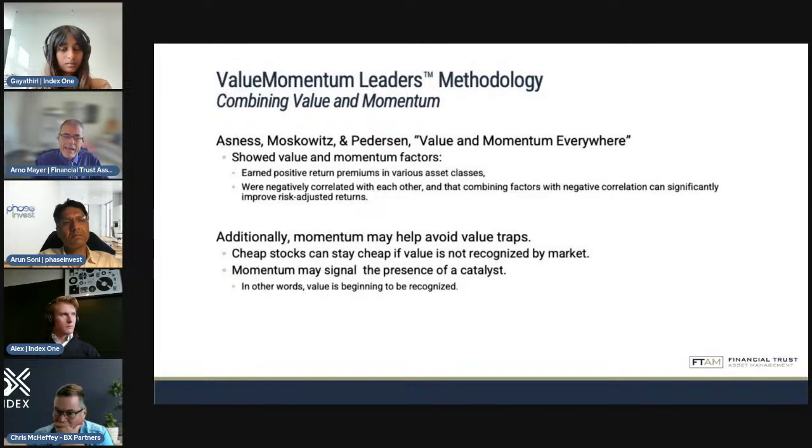So combining value and momentum can be very positive for the negative correlation aspect, but also for trying to see if value is finally starting to be recognized in the market. Now, that doesn't mean it can totally avoid value traps. I wish it would be that easy, but it definitely helps to minimize that.